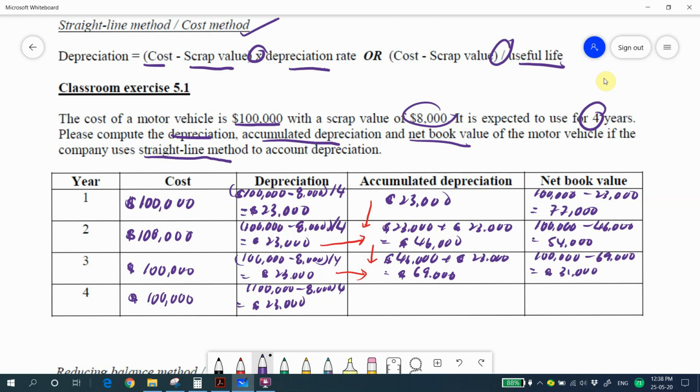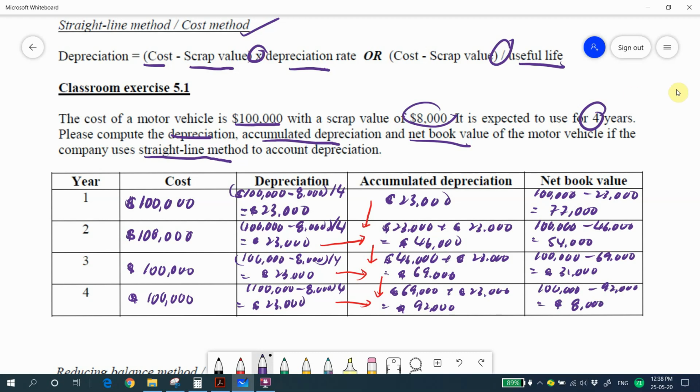For year 4 accumulated depreciation, we use last year's accumulated depreciation plus this year's depreciation, which is 69 plus 23, so we get 92. Net book value is 100,000 minus the current year accumulated depreciation 92, so you get 8,000.